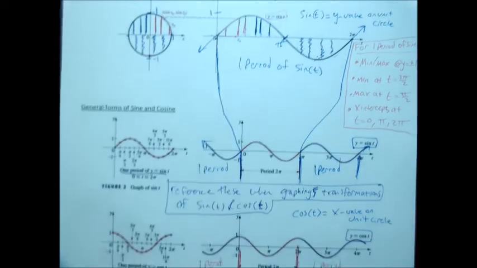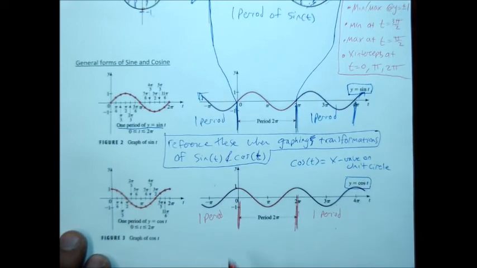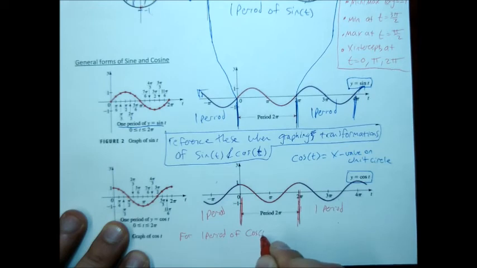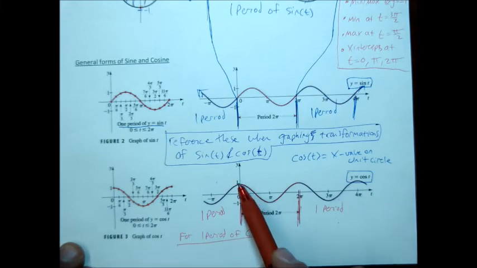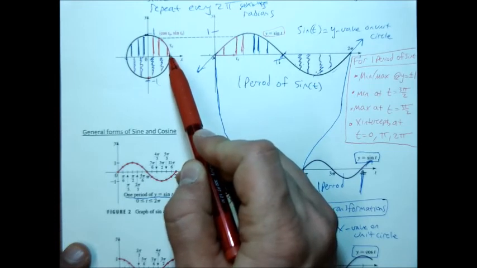For one period of cosine, I'm going to write that down here. Okay, so we're going to write down that same information for cosine. We see that the min, again, is at -1 and the max is at 1. Right, the min happens down here at -1, the max is at 1. And again, on the unit circle, that's because the biggest x value is right here at 1. That's t equals 0 and 2 pi.